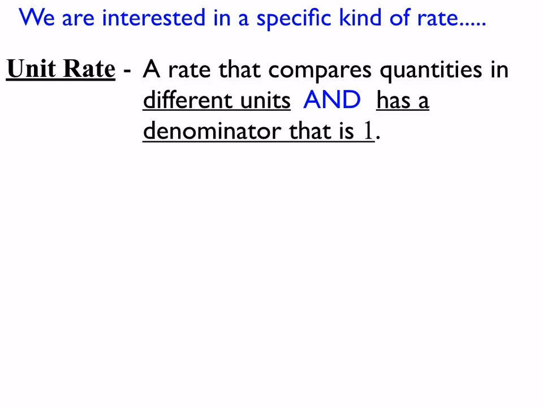And a unit rate is a rate that compares quantities in different units, so just like a rate, because that's what a rate is, but it has a denominator that is equal to 1. It's a rate that compares quantities in different units and has a denominator that is 1.